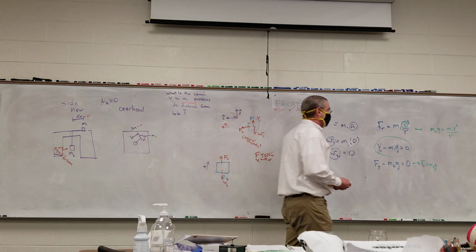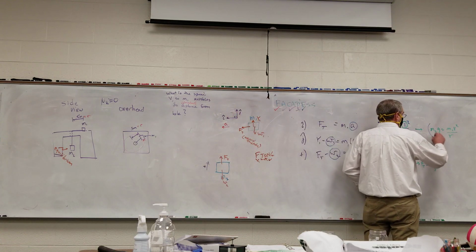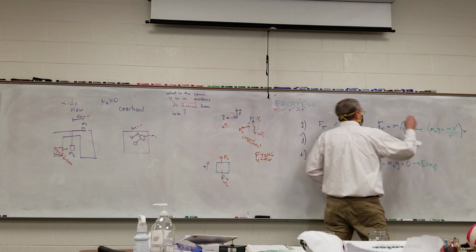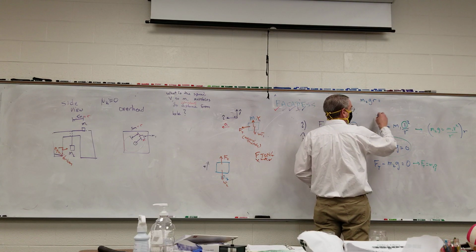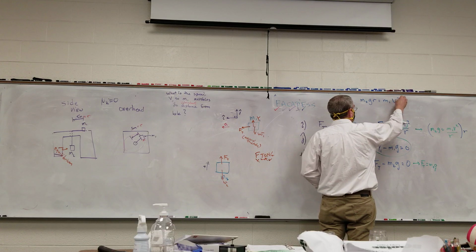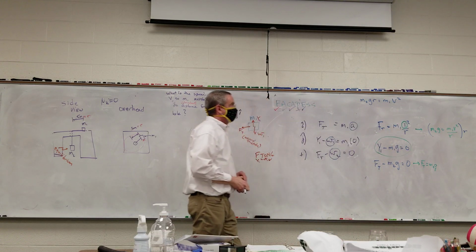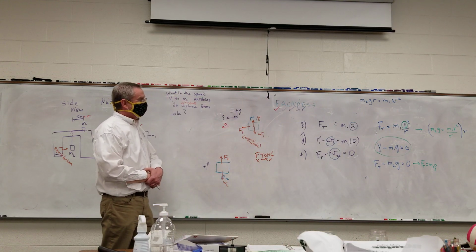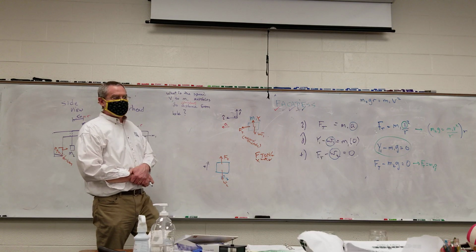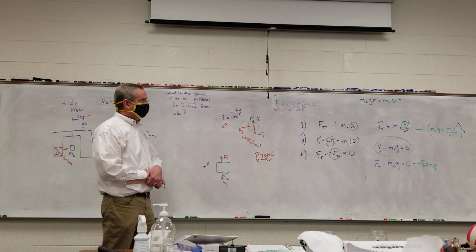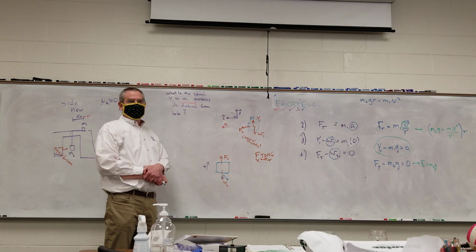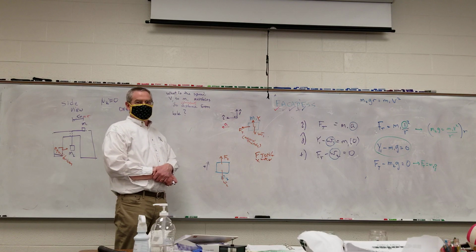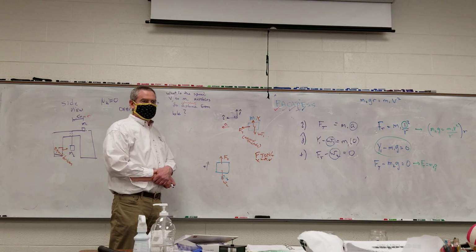All right, so let's start isolating v, so we multiply both sides by r. So I have m2gr is equal to m1v squared. Divide both sides by m1.